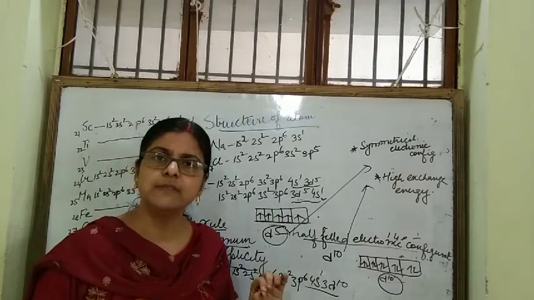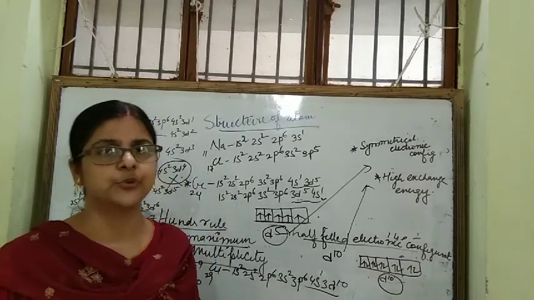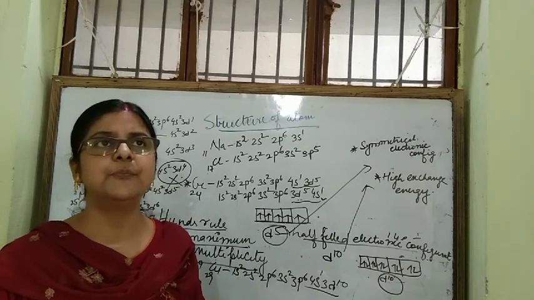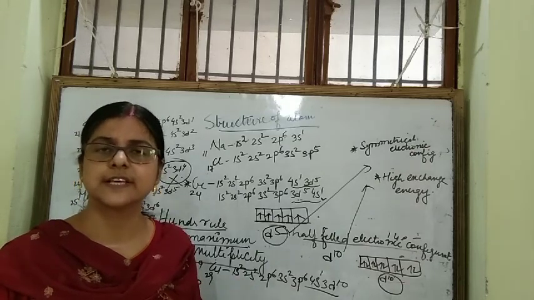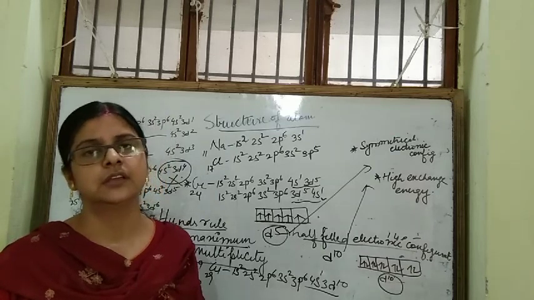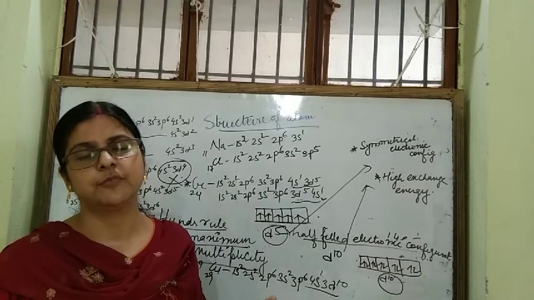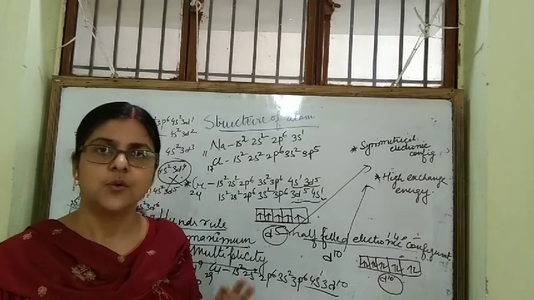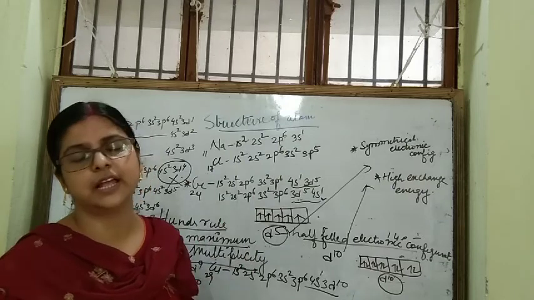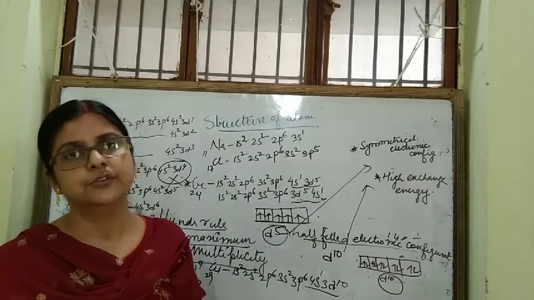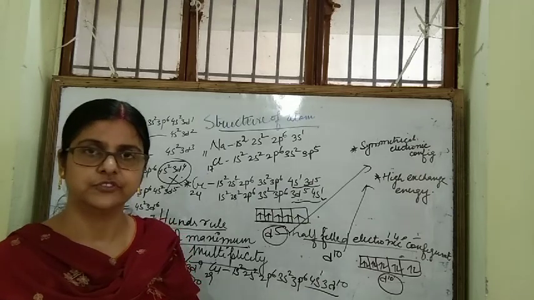Because chromium has a half-filled d orbital and copper has a fully filled d orbital, and half-filled and fully filled electronic configurations increase the stability of the atom of the element. Why does it increase the stability? That I have also explained: it is due to two reasons, symmetry and high exchange energy.